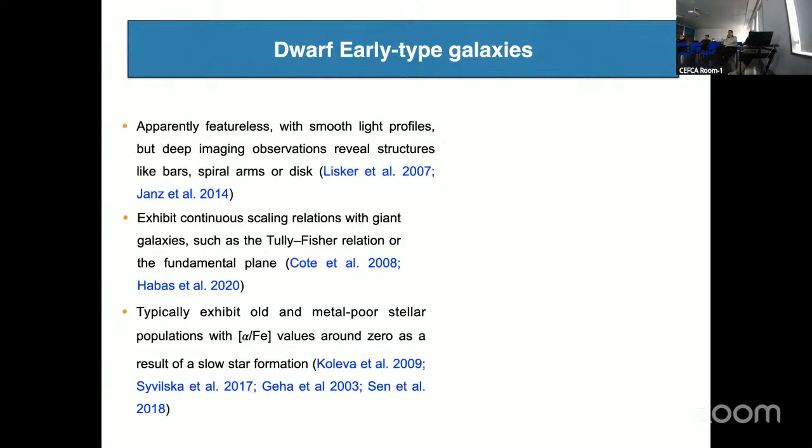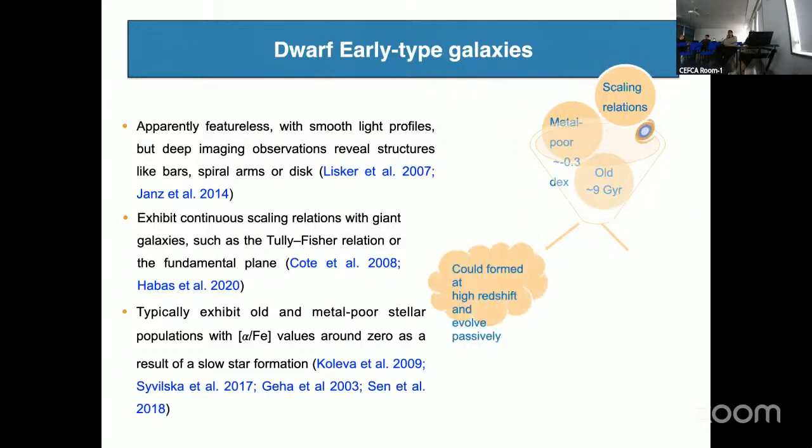With all of these ingredients, the structure of the dwarfs, scaling relations, and stellar population, we have to put all of this together and answer the big question about the origin of the dwarfs. Are they forming at high redshift and evolving passively?